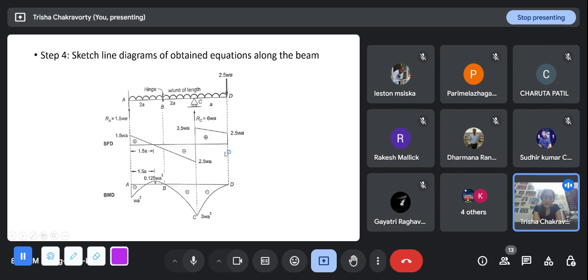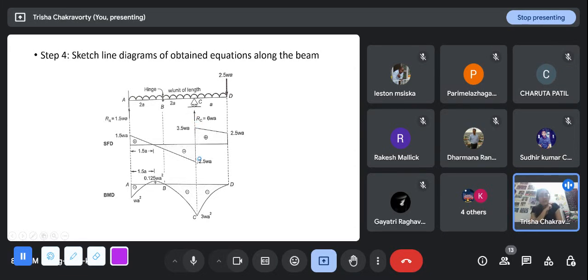So let's see the diagram. What happens here is, there is a jump because there is a concentrated load here. Then, since it is a uniformly distributed load, the nature of the diagram will be a straight line. So I join this by a straight line to this point. Just to the right of C, I had 3.5 WA.